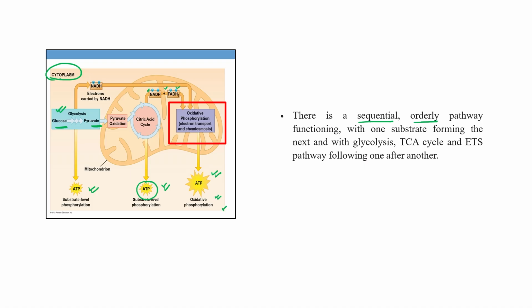This is known as oxidative phosphorylation. At this stage electrons are finally accepted by oxygen, and H2O is produced, which is known as metabolic water. So there are 3 steps in which ATP is produced. This is a sequential, orderly pathway in which one substrate forms the next: glycolysis, TCA cycle and ETS, the electron transport system, following one after another and producing ATP at each level.